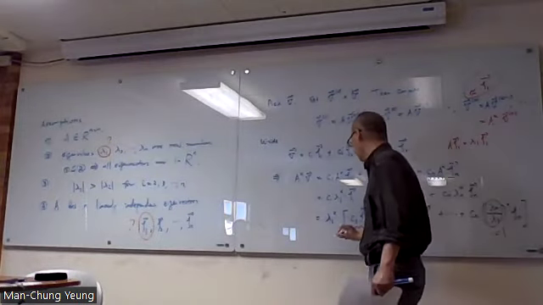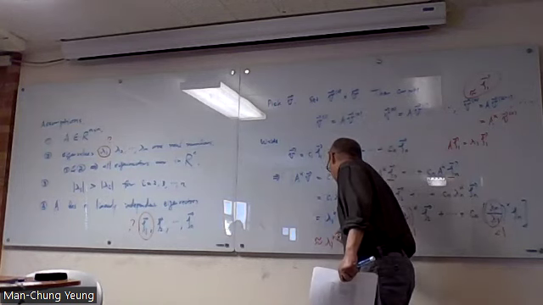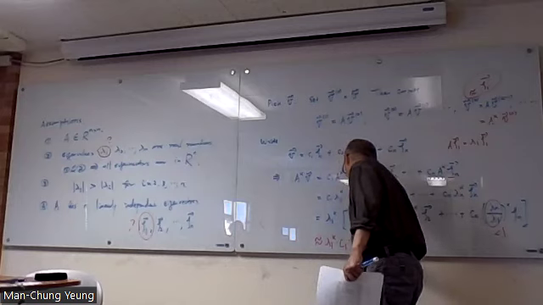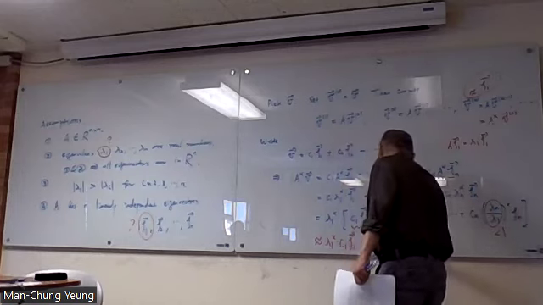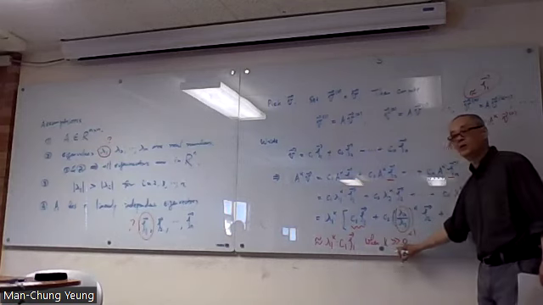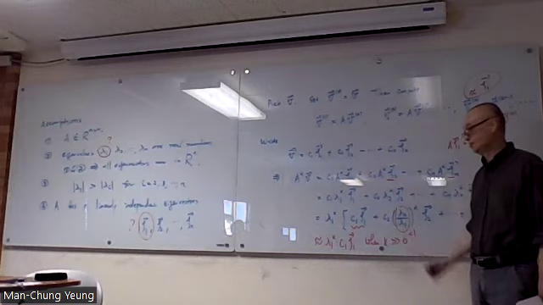So this is roughly lambda 1 to the k times c1 psi 1 when k is very large, where k is much larger than 0.